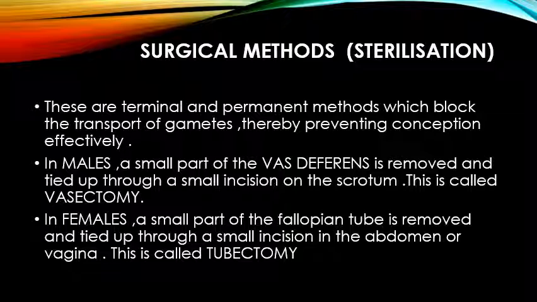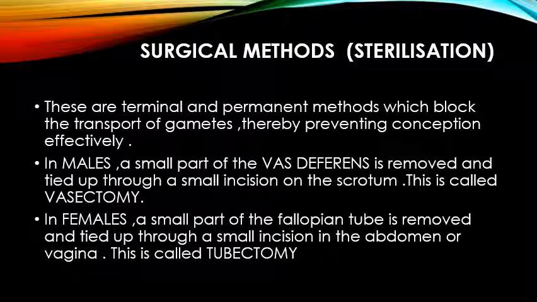In males, a small part of vas deferens is removed and tied up through a small incision on scrotum. This is called vasectomy. In female, a small part of fallopian tube is removed and tied up through a small incision in the abdomen or vagina. This is called tubectomy.